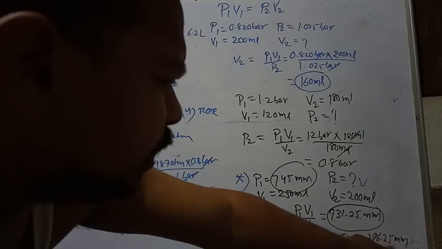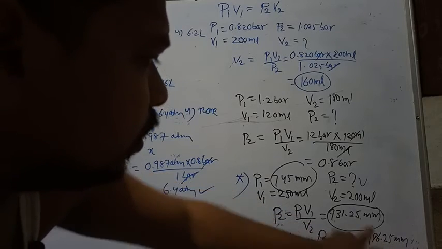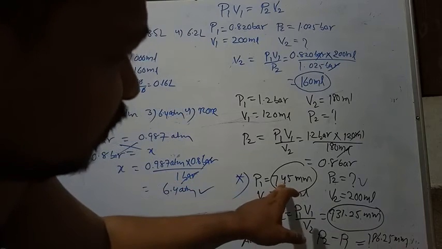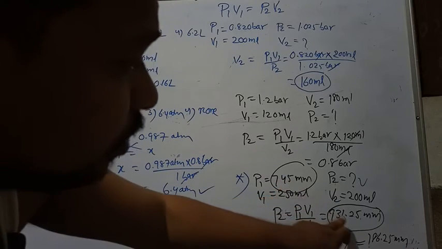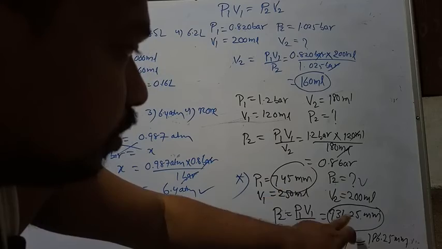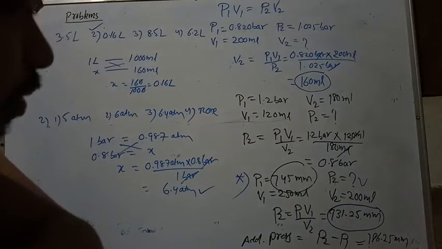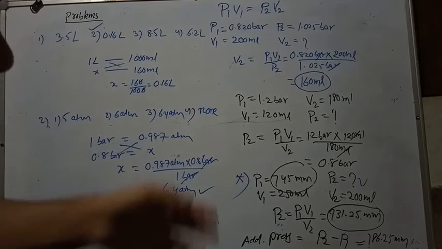So 186.25. If you add 186.25 to 745, then the volume will become 200 ml. So that is the additional pressure.